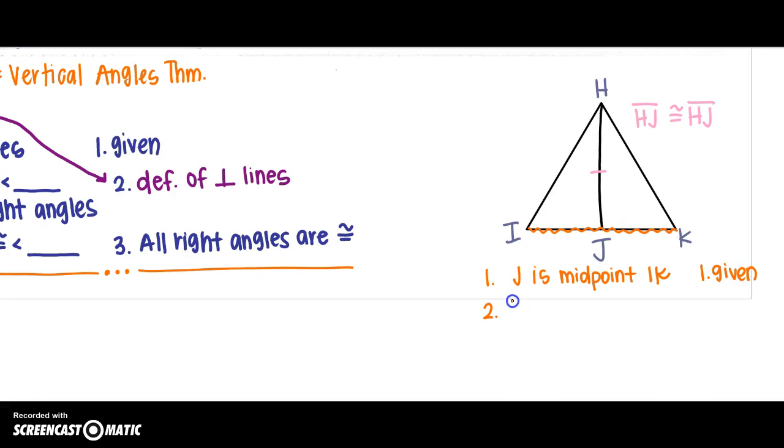So when I split up a segment, I'm going to get two congruent segments. So I can say that IJ is congruent to KJ. And remember that we use the definition of a midpoint for this one. Because I talked about a midpoint in my original statement, I can go ahead and use that in the next statement.